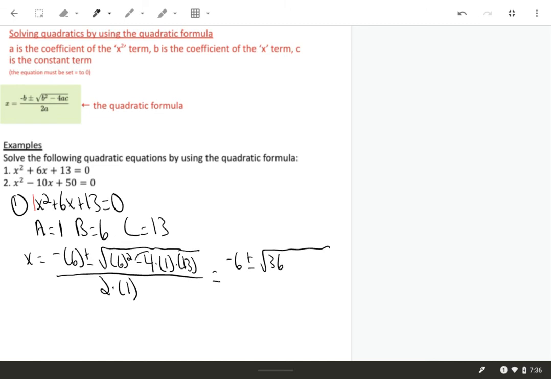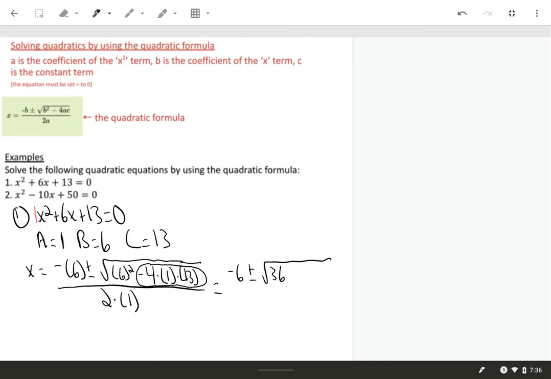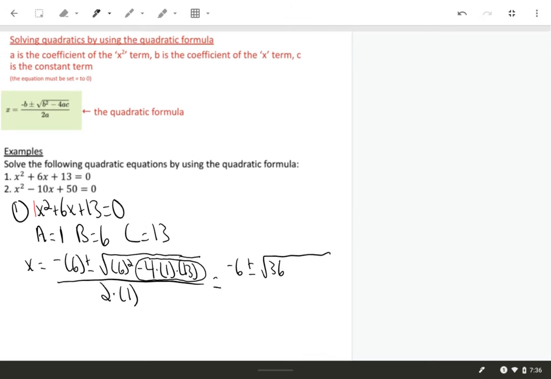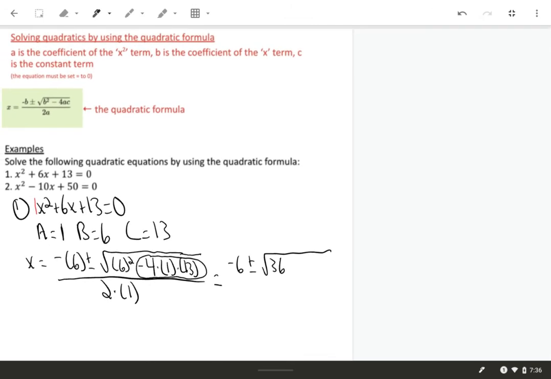And then here we have negative 4 times 1 times 13. Use a calculator if you need to. I'm using a calculator right now. So negative 4 times 1 times 13 is going to be negative 52, divided by 2 times 1.